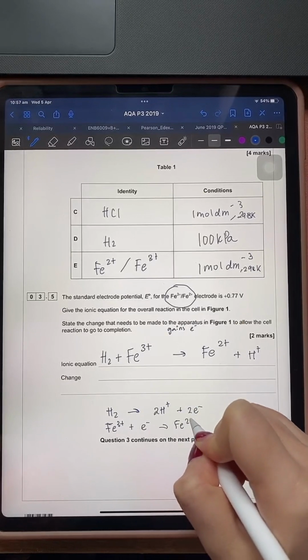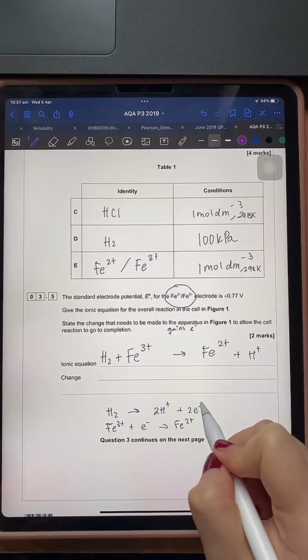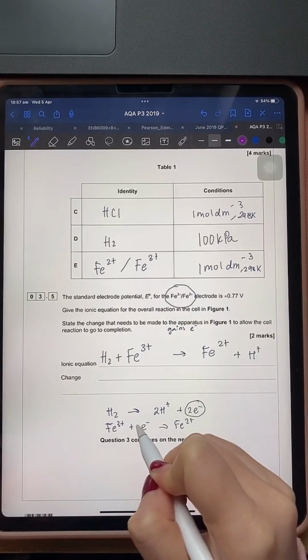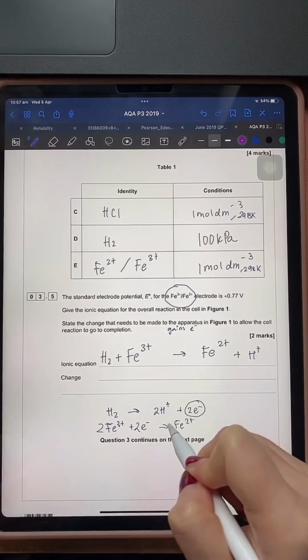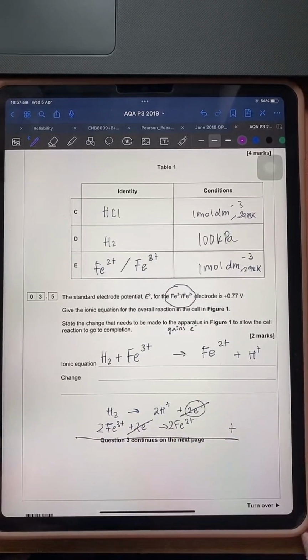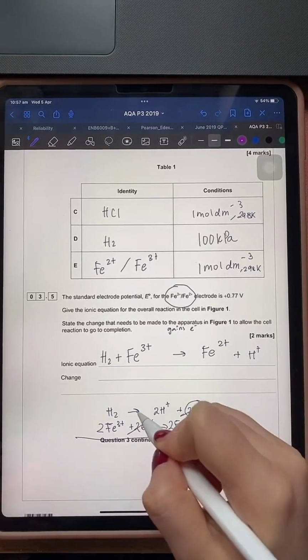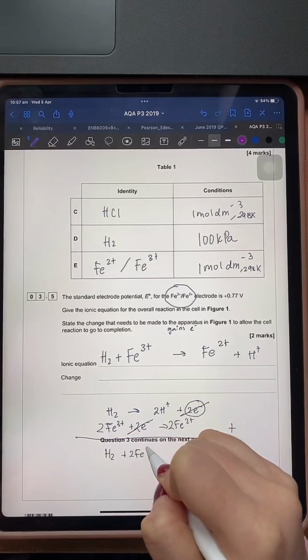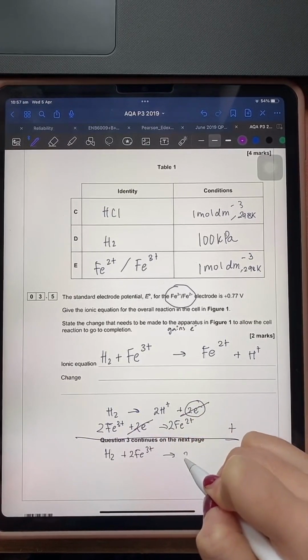Balance the electrons. That's what you need to do. You need to balance the electrons, so you multiply these by 2. Cancel the electrons, because now they're balanced and they're on opposite sides. And then add up the left and the right. So hydrogen plus 2Fe3+ gives you 2H+ plus 2Fe2+.